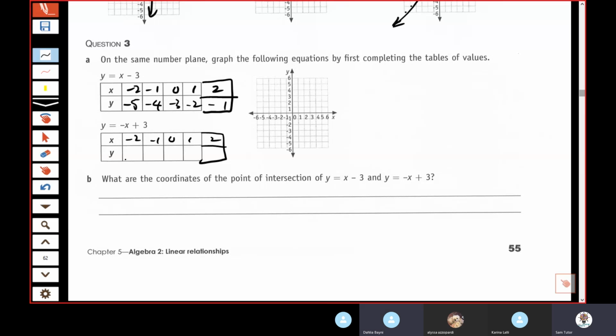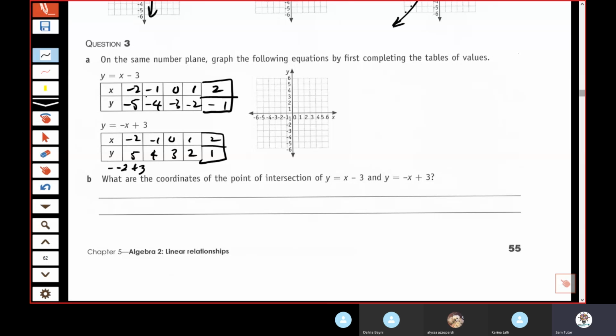So the first one will be read as -2 plus 3. But I'm sure we would have used our calculators anyways. That's +2 plus 3 is 5. +1 plus 3 is 4. 0 plus 3 is 3. And can you see it's going down by 1? There it is. And then we will draw this up to the best of our ability.